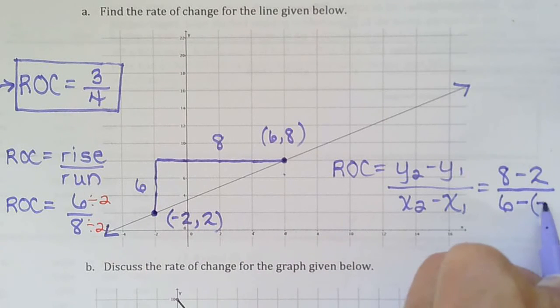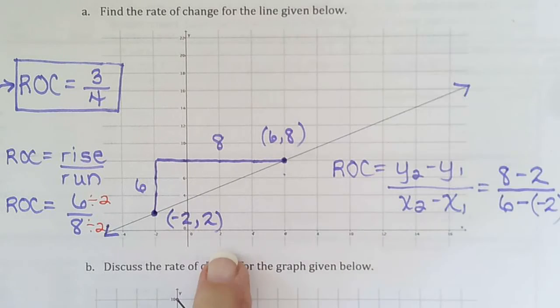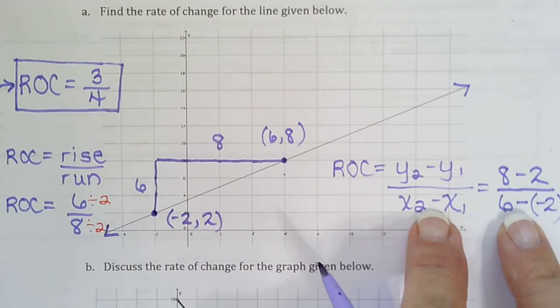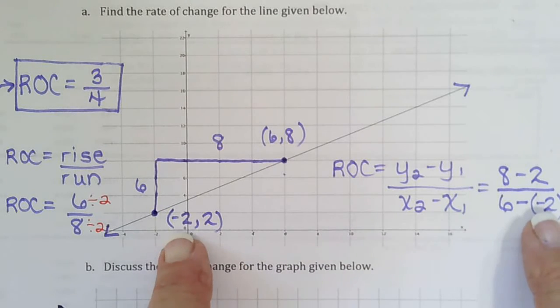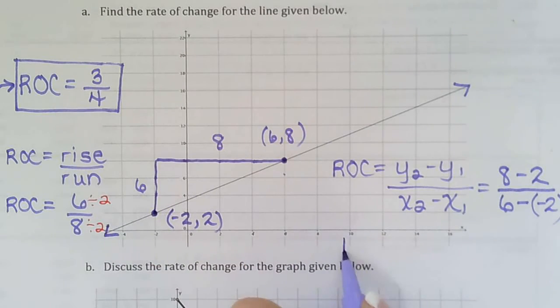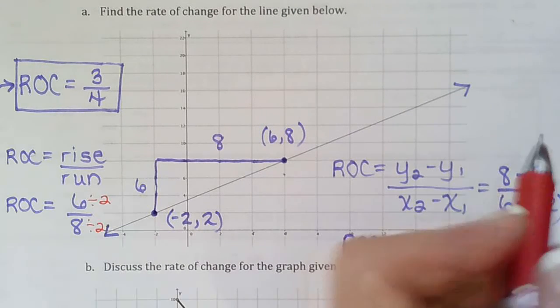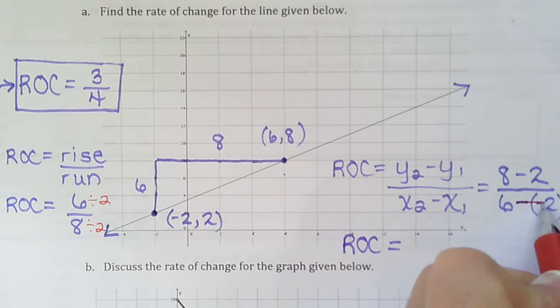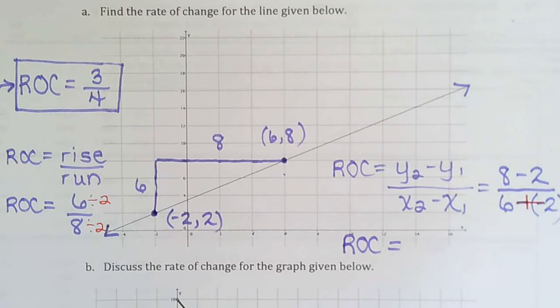Don't lose that double negative there, because the minus comes from the formula, and the negative 2 comes from the coordinate. We learned way back when that double negatives always turn to a positive. So that would be a rate of change of 8 minus 2, 6, over 6 plus 2, 8. Divide both by 2 again, and voila, we just checked our work.